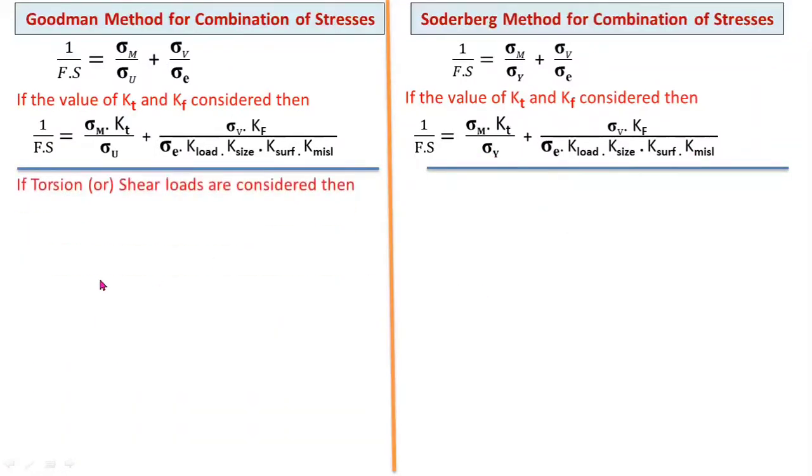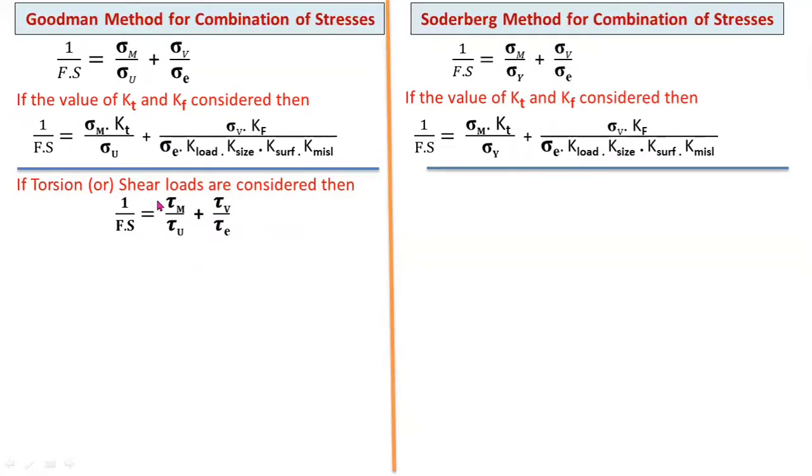If torsion or shear loads are considered, where torsion means torque or twisting moment, then the formula is 1 by Fs equals tau m by tau u plus tau v by tau e. This is the formula for Goodman's method.